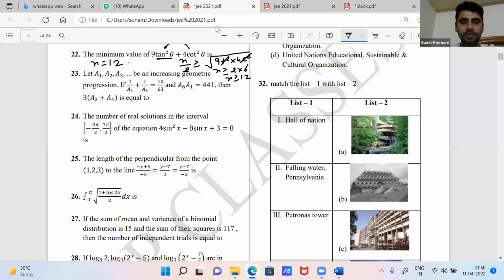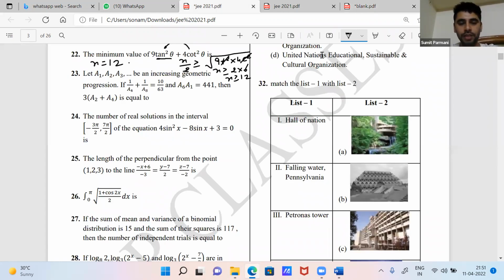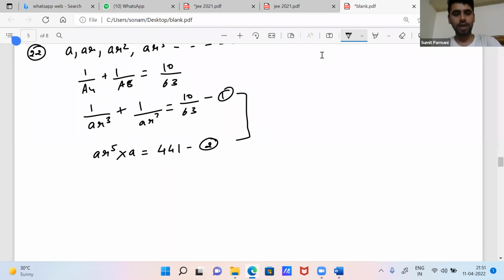Second equation we will have A6 and A1 equal to 441. A6 is AR raised to the power 5 into A equals 441. This is the second equation we have. From these two equations, definitely we can find out A and R. Calculation part: A square R raised to the power 5 is 441.